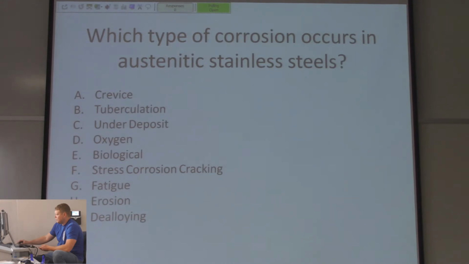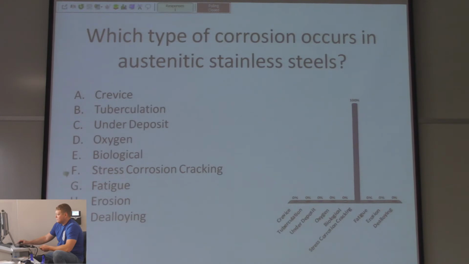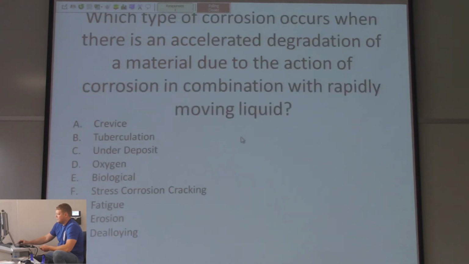Which type of corrosion occurs in austenitic stainless steels? You are correct. Stress corrosion cracking.